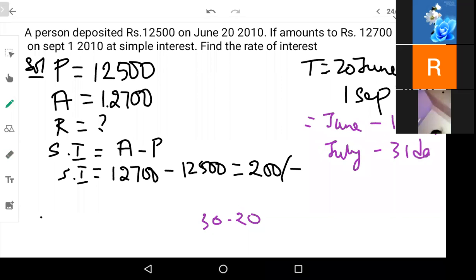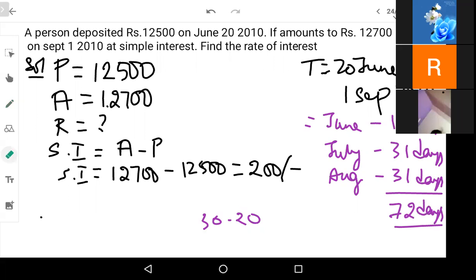All 31 days will be considered. August, 31 days. Now, since it is September 1st, either we have to leave one day here or one day in the starting, right? So we are leaving the last day. So now calculate how many there are: 31 plus 31 plus 10 days. So we get 72 days.